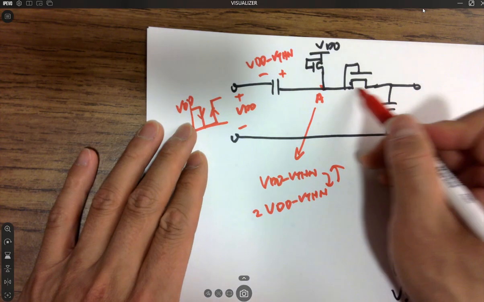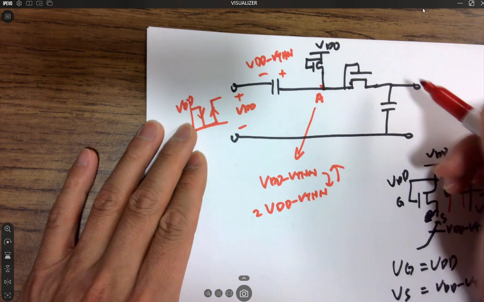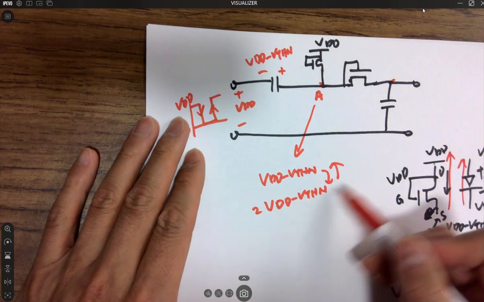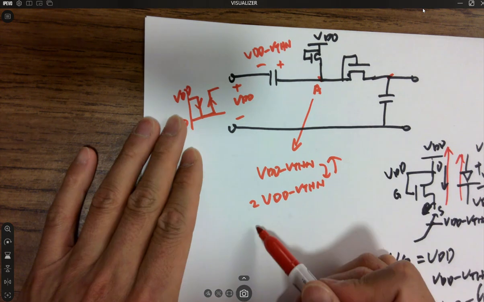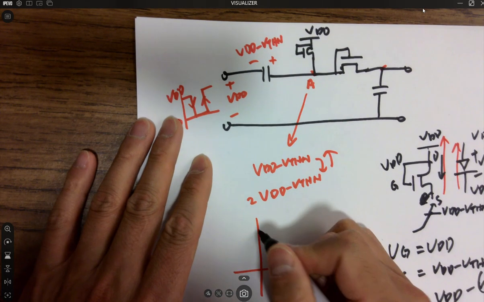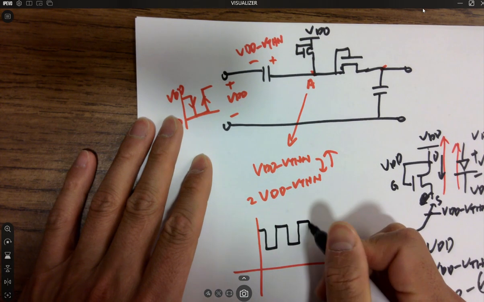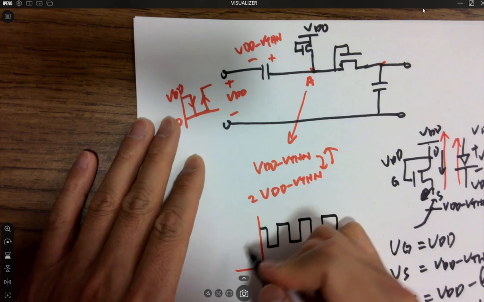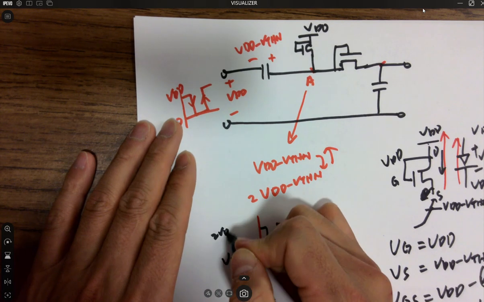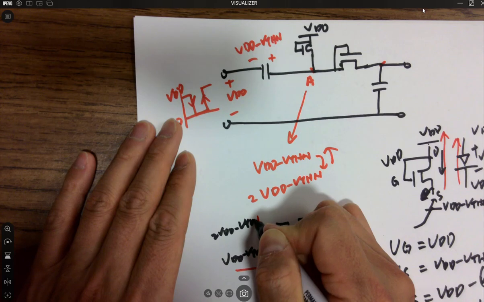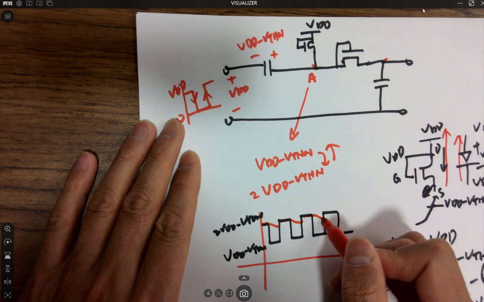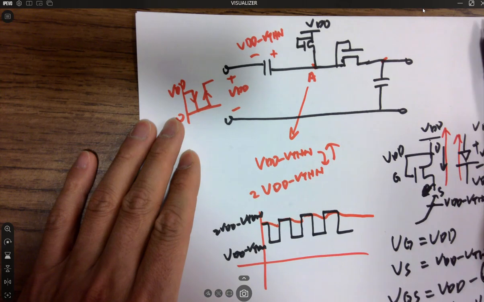And then it goes through this one. It's very similar to the diode as well, as a low pass filter, and eventually this oscillation is filtered out, getting rid of the ripples. It goes from VDD minus VTHN to 2 VDD minus VTHN, and then it smooths it out.